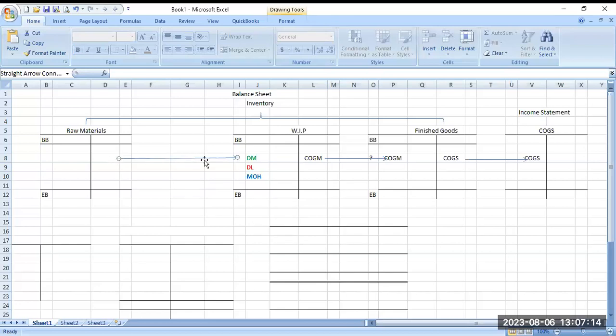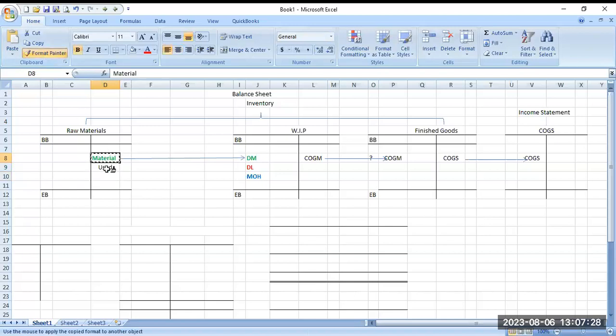Now the question is, is this the only material that we're going to use? No, we also have indirect material. So we're going to have direct material and indirect material. Now the question is, in which account is that indirect material going to go?